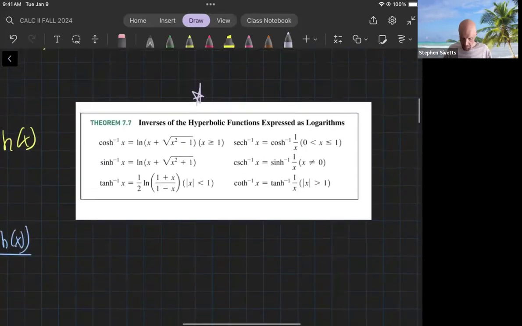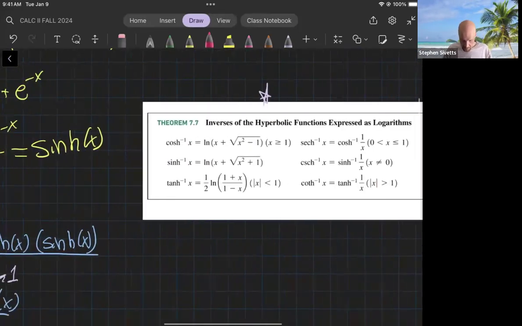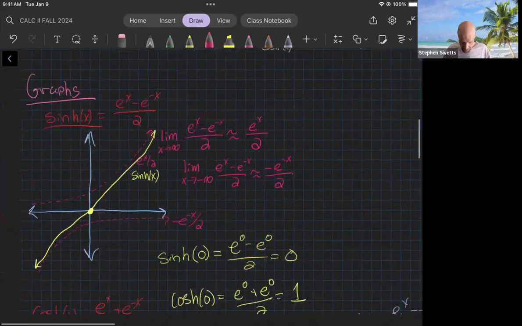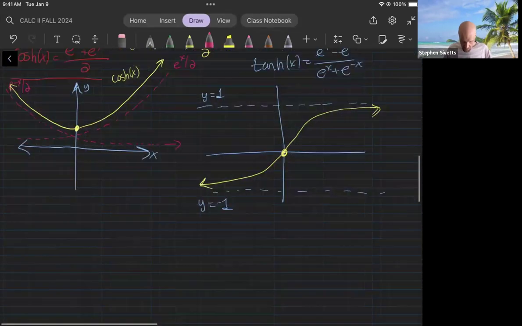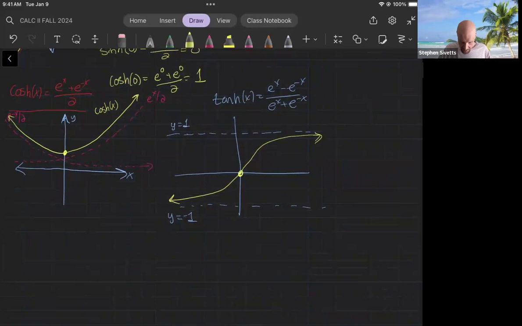I'll go over one of them much later, but I'm going to go over the basic trig functions that you might see.